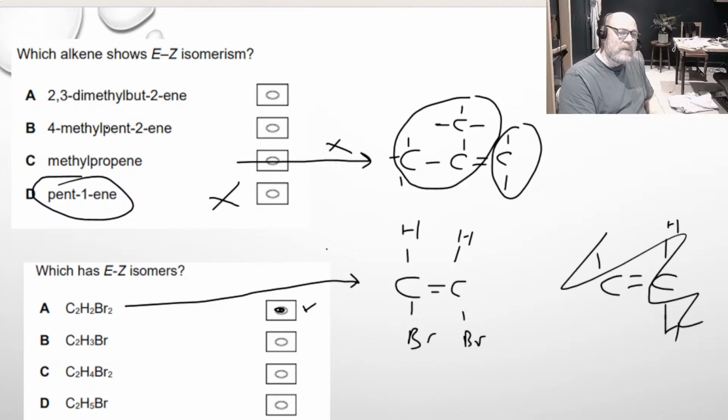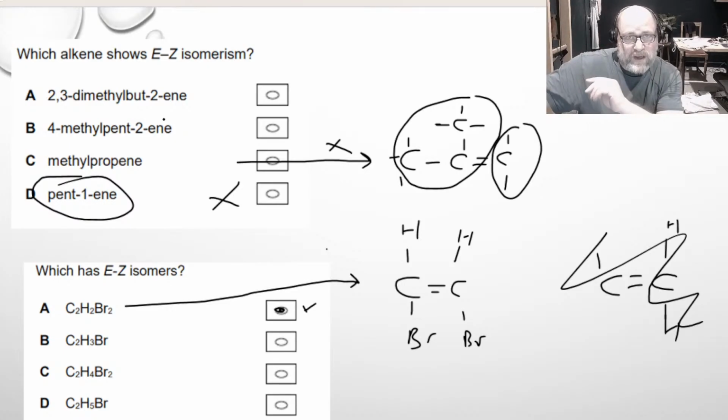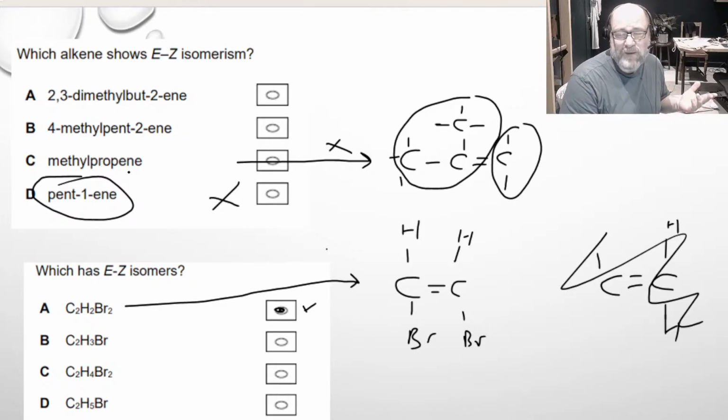What about 4-methylpent-2-ene? The moment your double bond is not at the end, you've got a good chance. We've just cancelled out C and D. I don't think it's going to be this one because of the 2,3-dimethyl, that's going to screw it up. I think it's the 4-methylpent-2-ene.